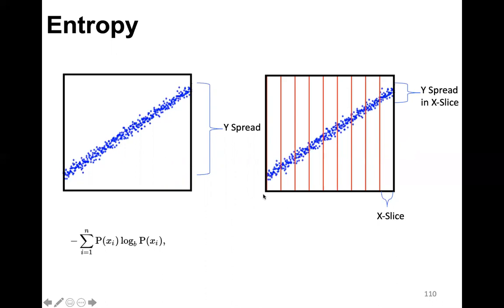But if you know the value of x, let's say you can narrow down the value of x to this slice, then the amount of entropy in y is accordingly lowered much more. And this is actually what mutual information is measuring. Whenever you know the value of x, the range of y is actually very small. So knowing x reduces the information in y.